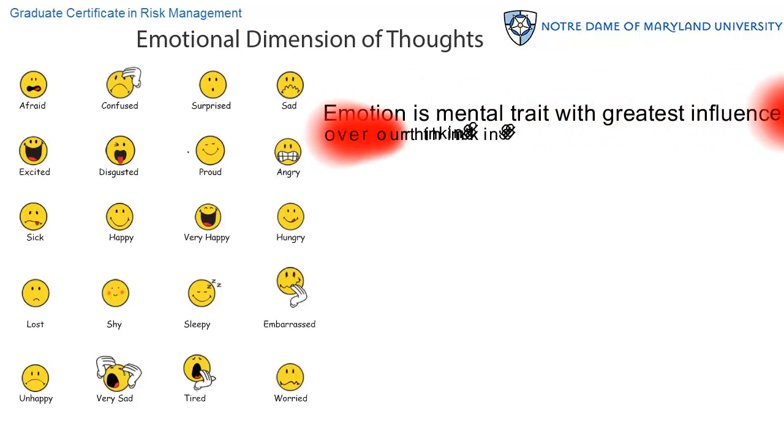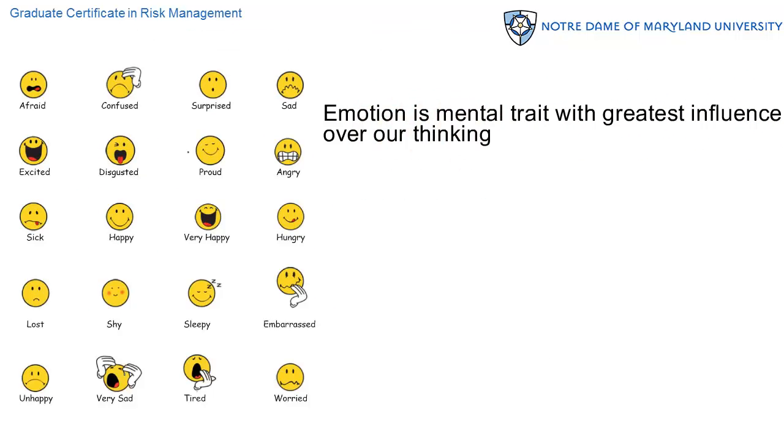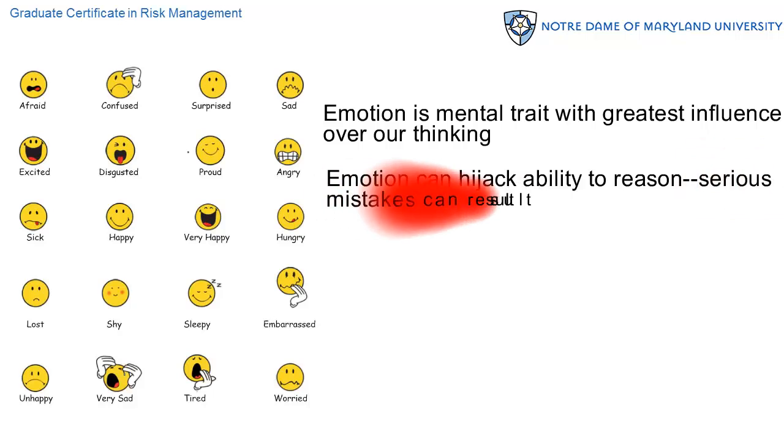We begin with the emotional dimensions of our thoughts and our decisions. Emotion is the trait that has the greatest influence on what and how we think. If you're married, if you have kids, if you are a kid, you know this is true. Emotion really can hijack our ability to reason, and in turn, it can make reasonable people into screaming maniacs.